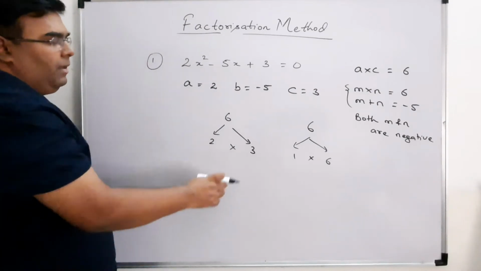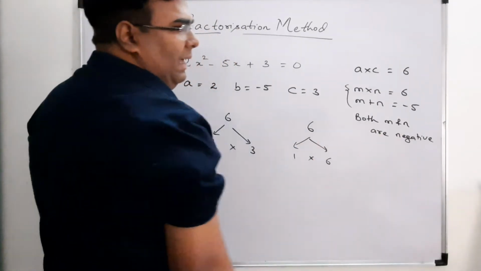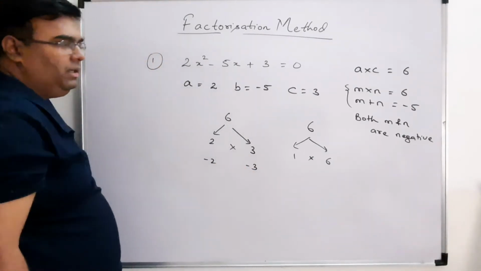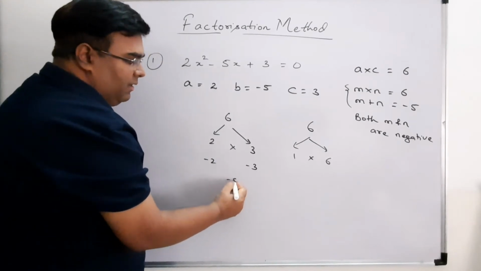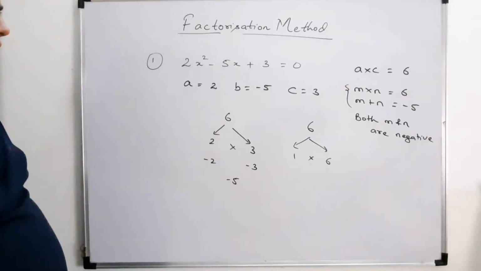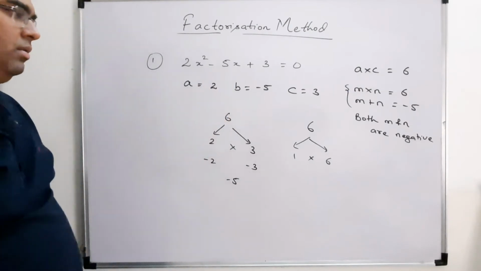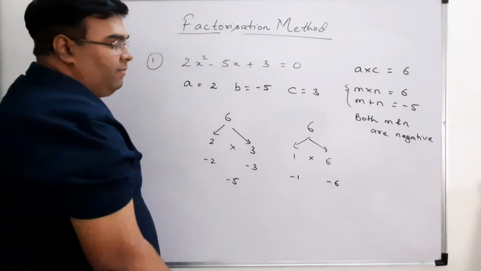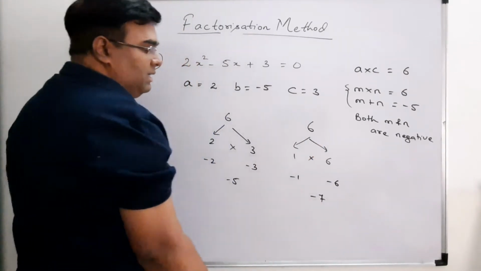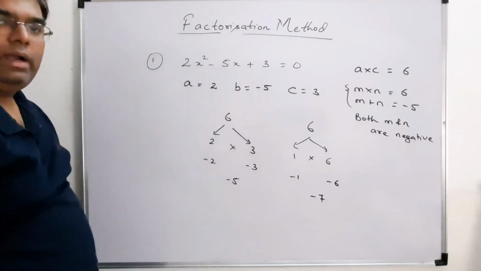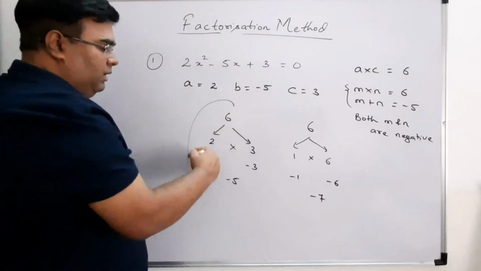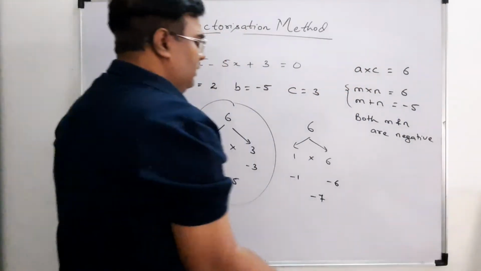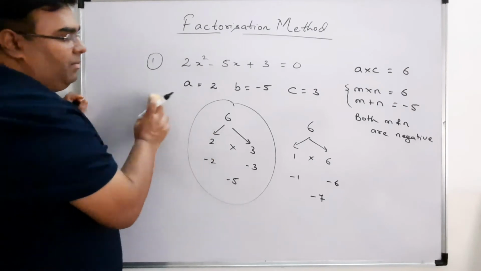If I take 2 and 3, and we know that both are negative, it means minus 2 and minus 3, and if we add these, we will get minus 5, which is our required number. But if we take minus 1 and minus 6, because both are negative, we will get minus 7, which is not required here. So this is my required M and N, correct? So let us take this M and N, which is minus 2 and minus 3.